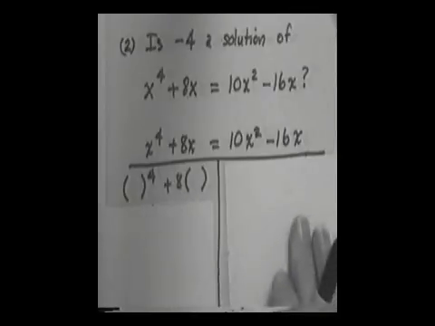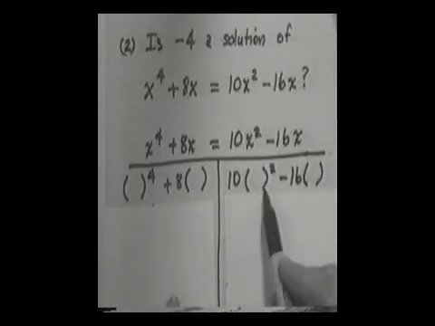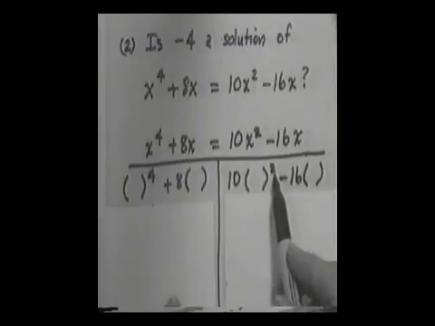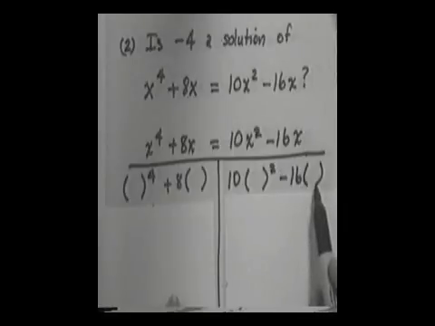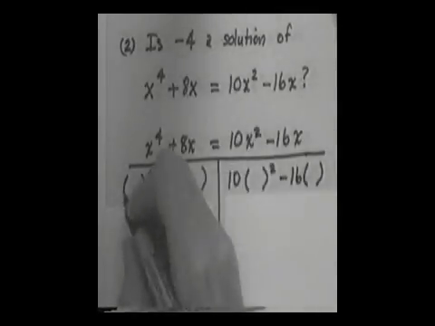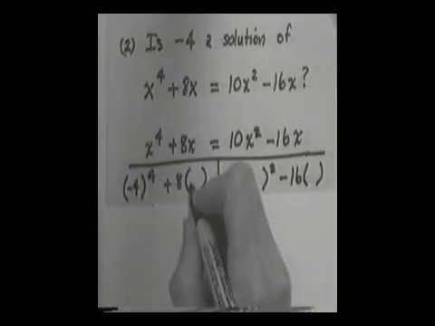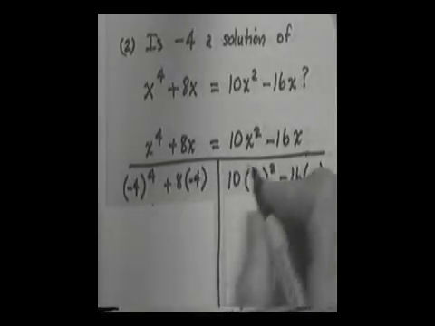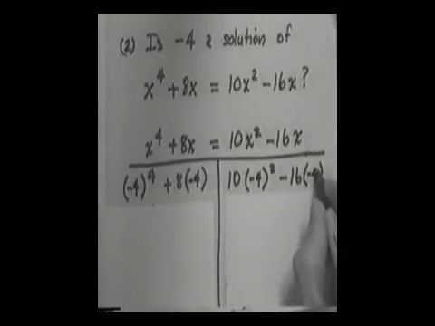On the other side of the wall, we put 10, parentheses to receive the x value, exponent 2, subtract 16, and parentheses to receive the x value. The x value that we're testing is -4. And so in every set of parentheses we write -4, in every one of them.